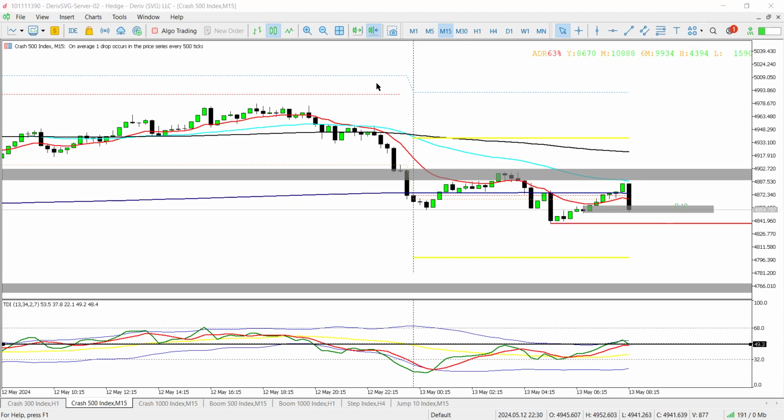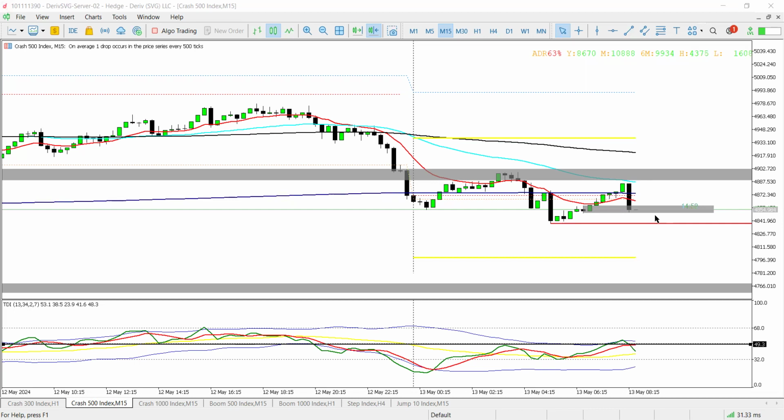Price can bounce off. If you have a 13 EMA, just keep track of how price will react there on the daily chart because that will also help. So that's my view on C500. I'm just going to leave it on M15 and leave that one position running.